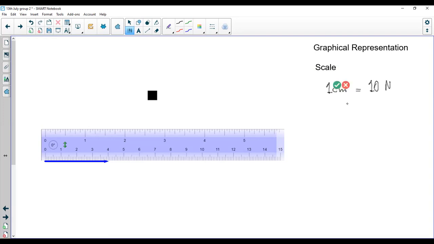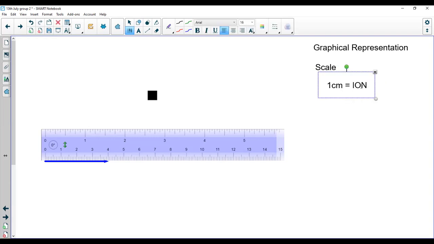So 1 centimeter is equal to 10 Newton. To show a 30 Newton force, I need a 3 centimeter line, and to show a 40 Newton force, I need a 4 centimeter line. This blue one, you can see, is 4 centimeter long. So how much is this force?